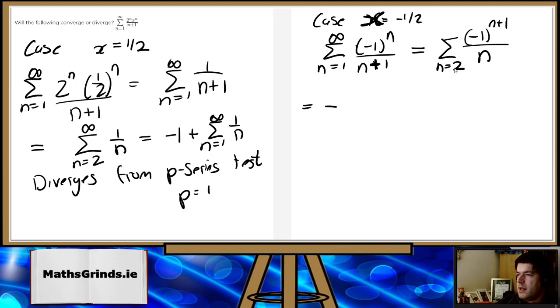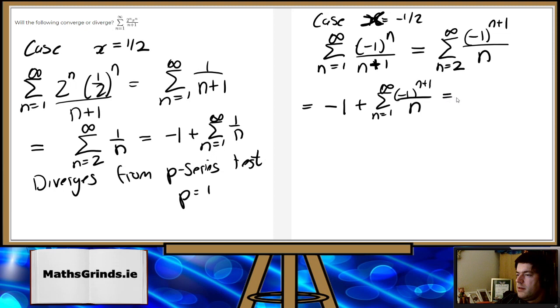So that is equal to, if I started at 1, minus 1 plus the sum from 1 to infinity of minus 1 to the n over n. The first term is 1.